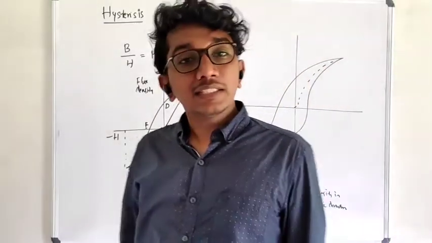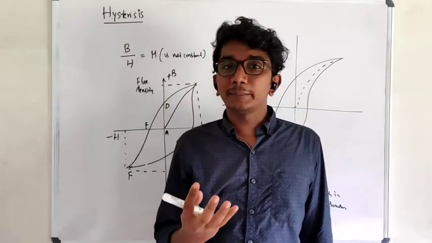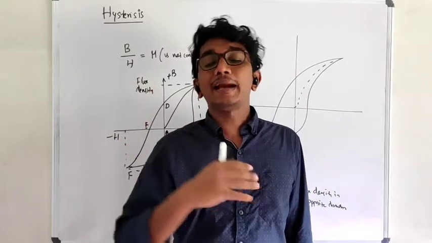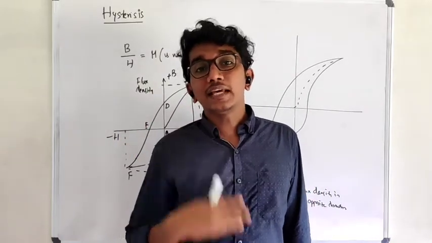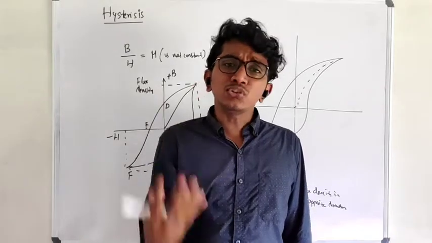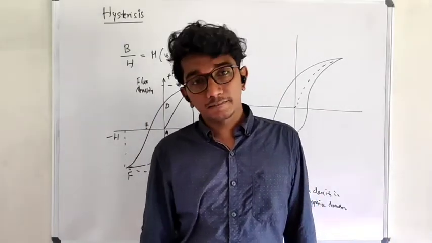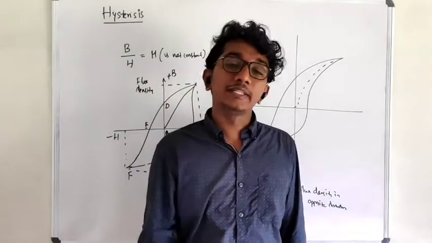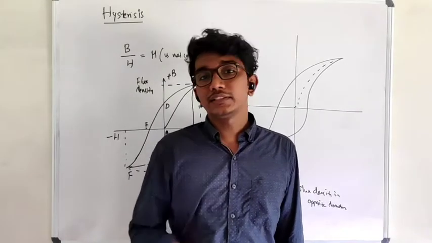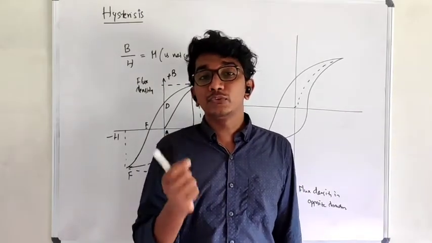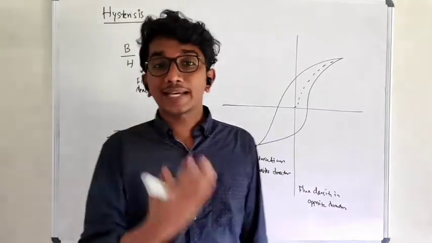When you place a ferromagnetic material inside a magnetic field, there will be an induced magnetization on the material, due to the induction. So the question is, how does it vary with respect to the magnetizing field?